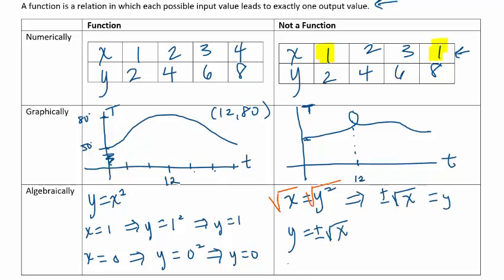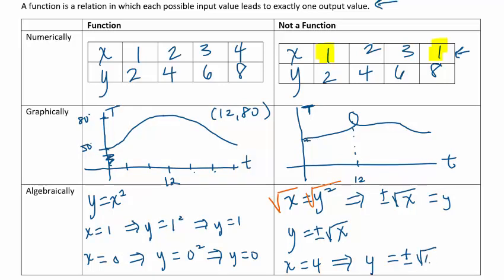So let's do a test. If x is 4, then y is equal to plus or minus the square root of 4, or plus or minus 2. So here what we have is one x value that has multiple outputs, two of them, positive or negative 2, and therefore this relation is not a function.